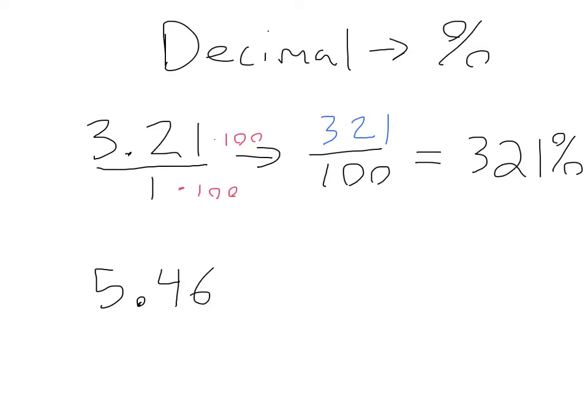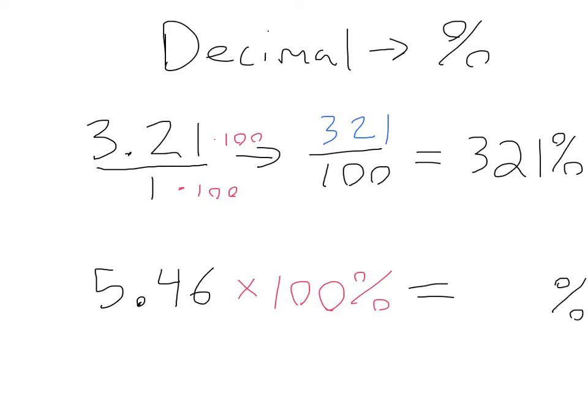The easier way to think of this is, say we're given some decimal, 5.46. Well, we go times 100%. So we haven't changed the number. 100%, 100 per 100, there's just one. So we go times 100%, the percent sign stays there.